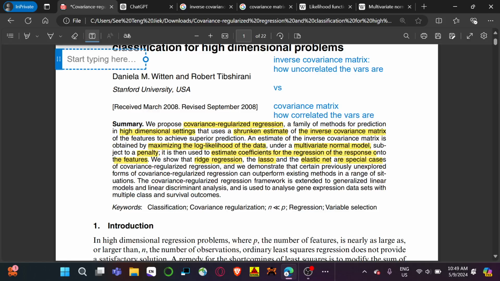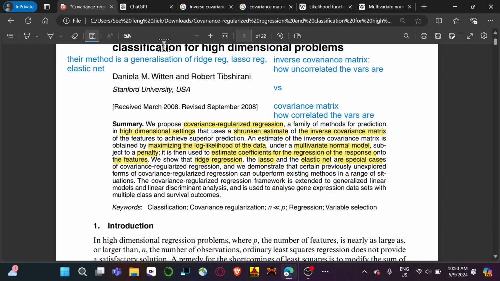So let's write it down here. Their method is a generalization of ridge regression, lasso, I think it's called lasso regression, and elastic net.